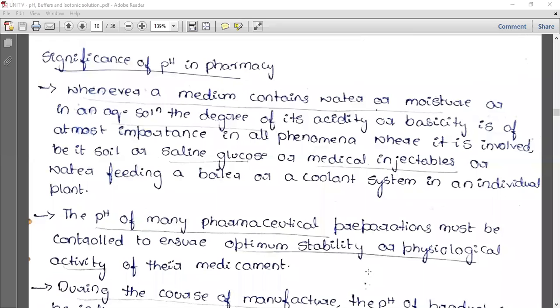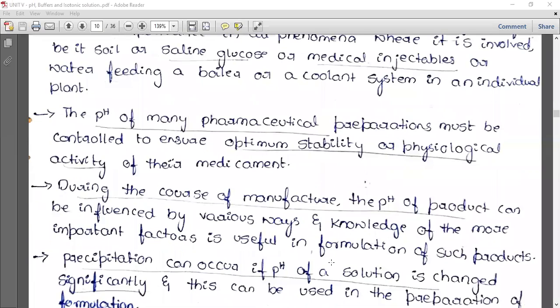No. The activity shown by salicylic acid is different from that of sodium salicylate. So for physiological activity as well as stability, pH has to be controlled or maintained. In that case, the use of soda lime glass is avoided and borosilicate glass or any other glass is used. It's just an example.